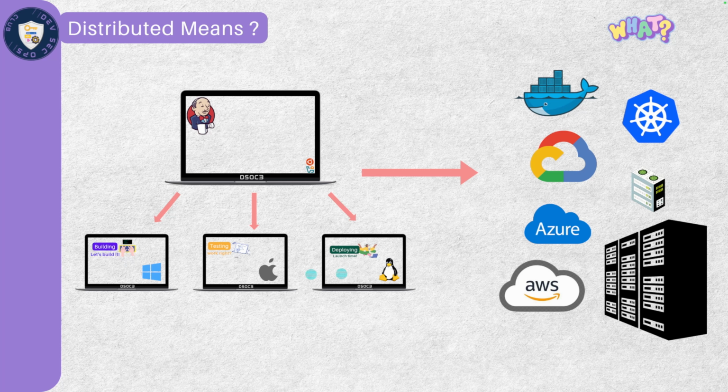So these are more static nodes, and these are more dynamic. These are more on demand. You really don't care about maintaining all these things.